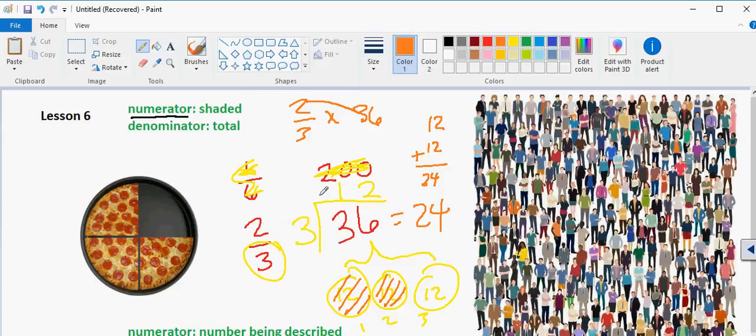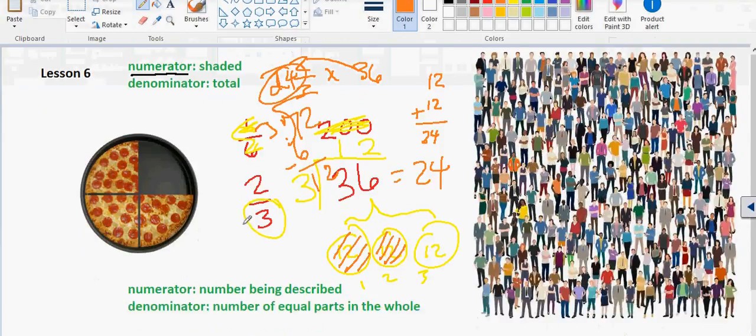If I multiply 2 by 36, I get a big number, 72, but I can divide 72 by 3. I'm getting messy, I know. Sorry, this should have been a 2. You get 24, which is the same.